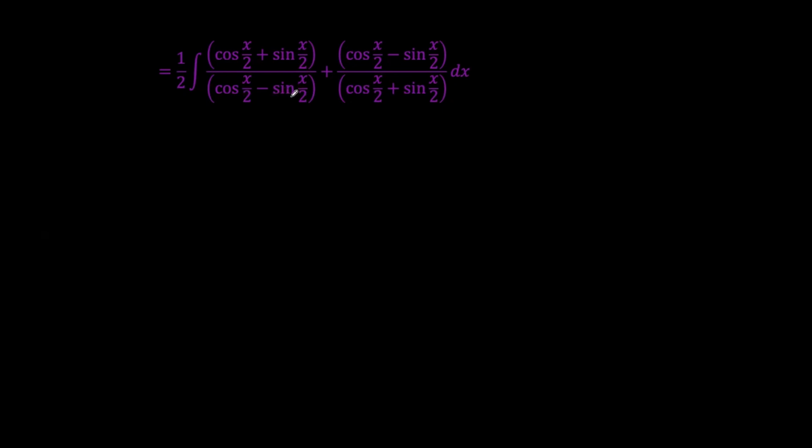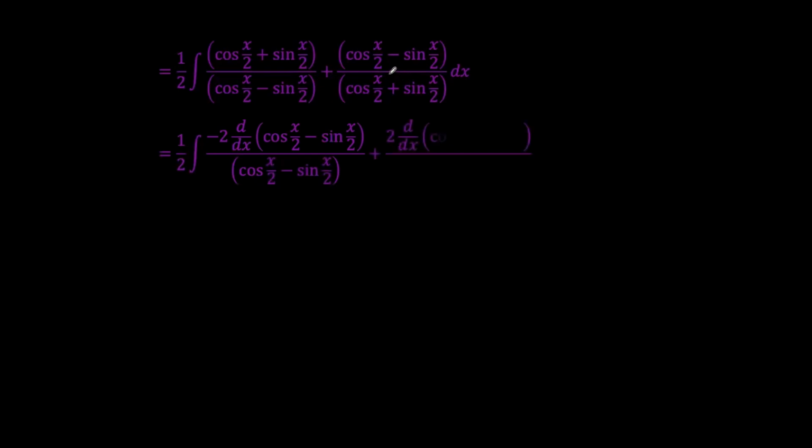And then you differentiate sine x over 2, which is the same as negative cosine x over 2 times a half. So essentially just the same thing you have in the numerator, but multiplied by 2 and then also times negative 1. So essentially now we have a half the integral of negative 2, the derivative of cosine x over 2 minus sine x over 2, over our same denominator.